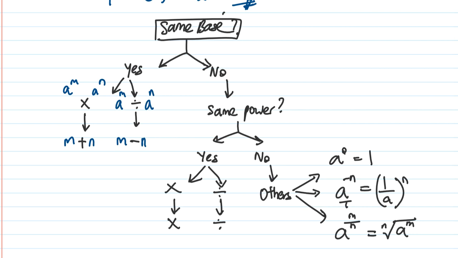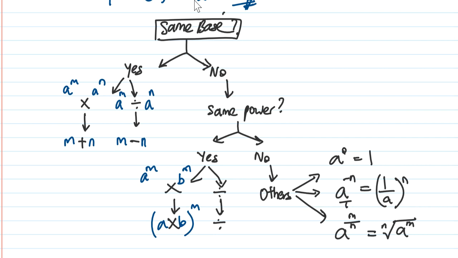If they do not have the same base, but they have the same power, now if it's a yes, what it means is you have a^m times b^m. Since they have the same power, they will not have the same base here. So it's just ab and the power goes outside.